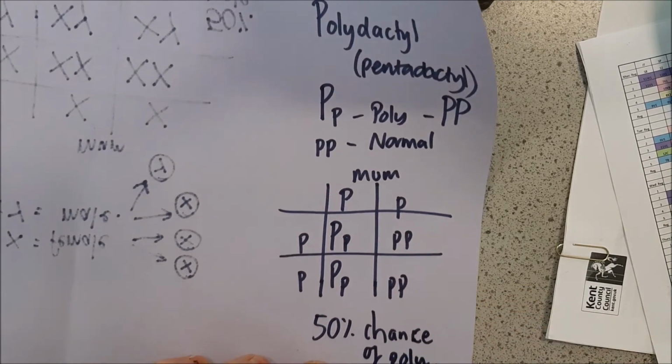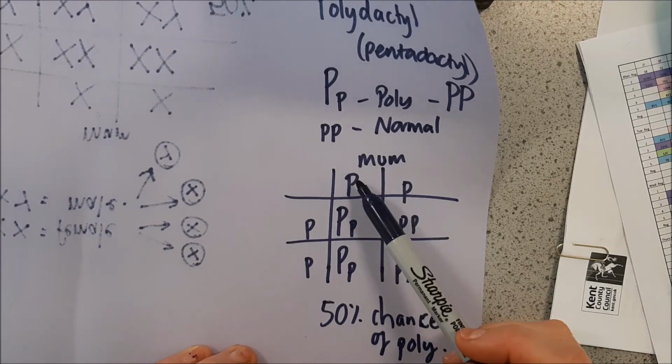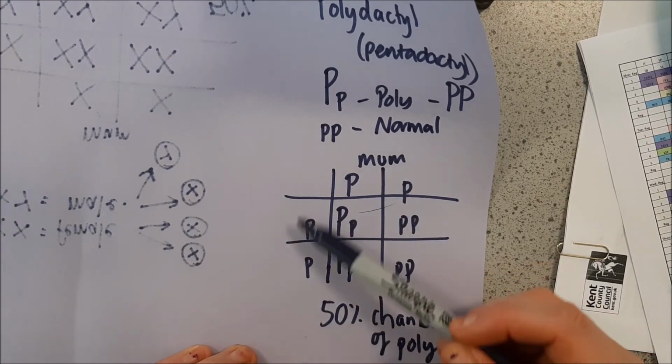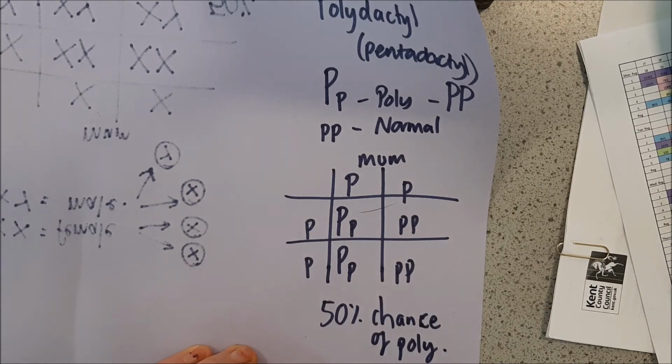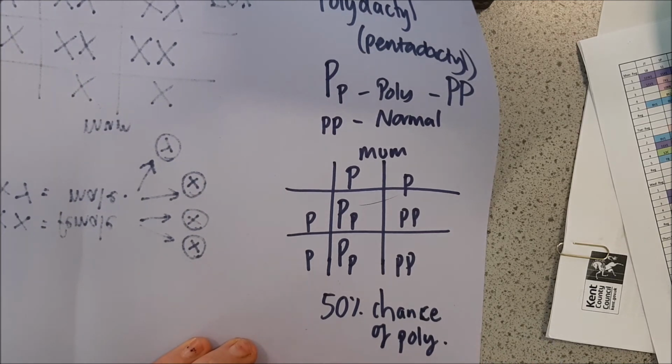You can't carry a dominant disease, you can only express it or not. So if mum was polydactyly but dad was homozygous normal, then there would be a 50% chance that your child would be polydactyly. And that's how we inherit.